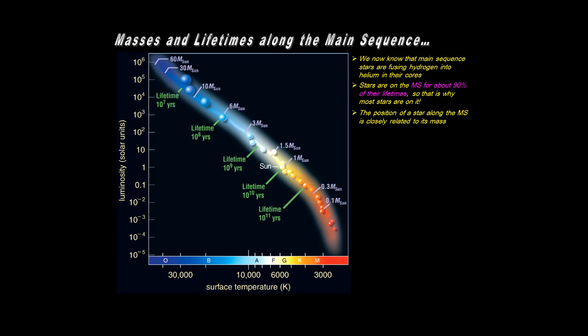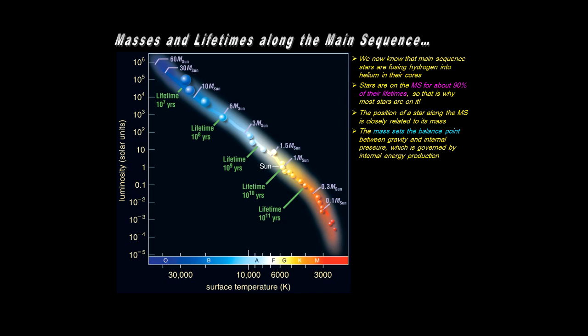Well, the position along the main sequence turns out to be highly related to its mass. Of course, we know the HR diagram shows temperature and luminosity. But what determines what those luminosity and temperatures are? Well, it's the mass.